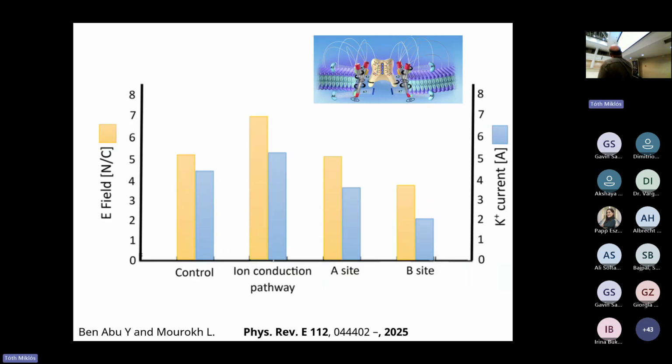One of my experiments, which I did at Stephen Tucker's laboratory, checked the electric field and the potassium entrance to the cell. And you see, the closer we are to the ion conduction pathway, the more potassium enters the cell.